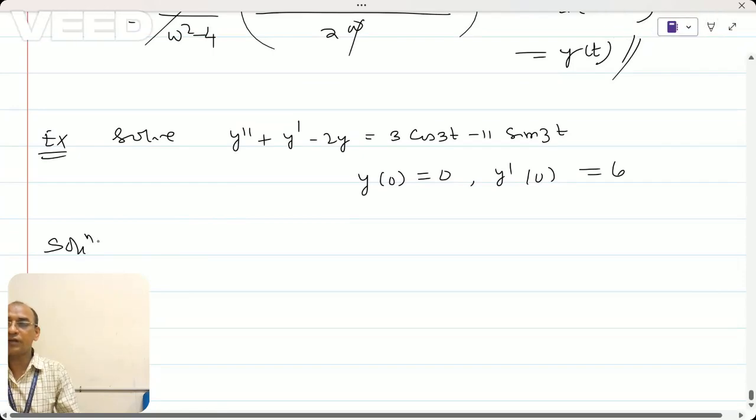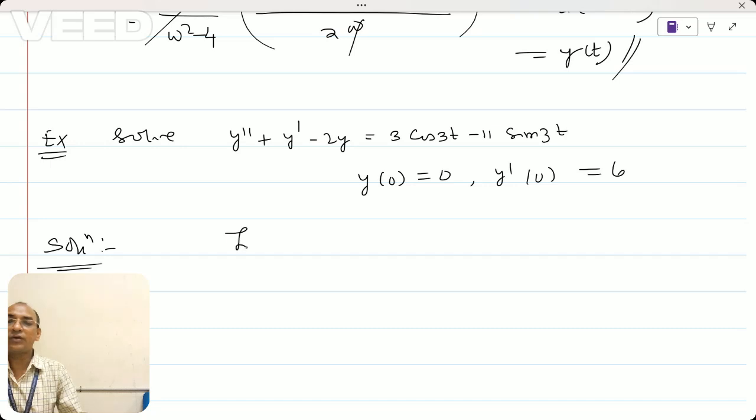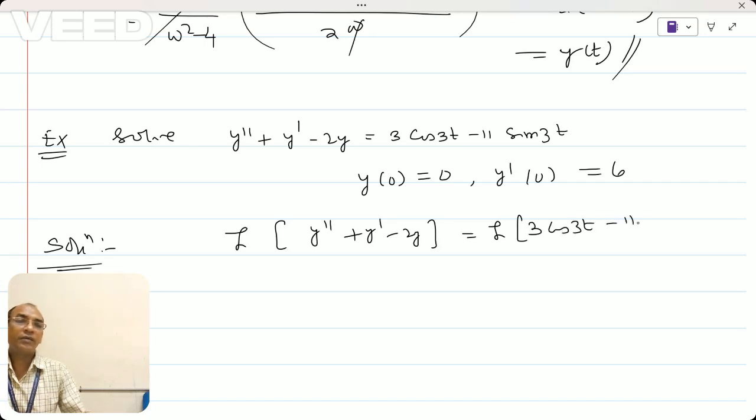Solution: take the Laplace transform throughout the equation y'' + y' - 2y = Laplace transform of 3 cos 3t - 11 sin 3t.